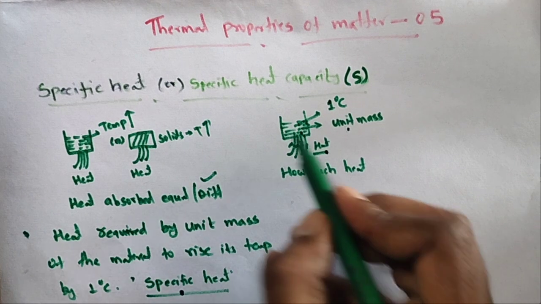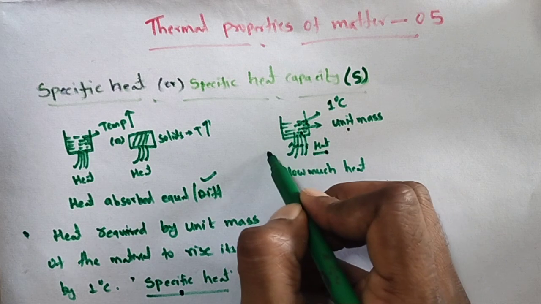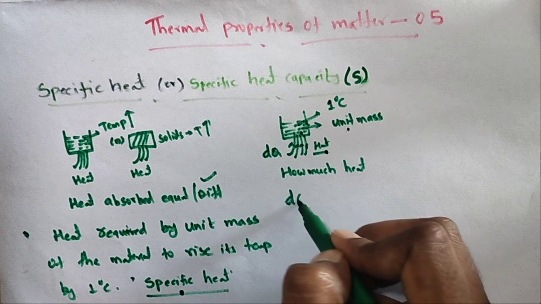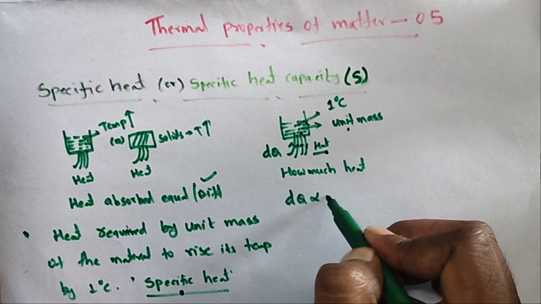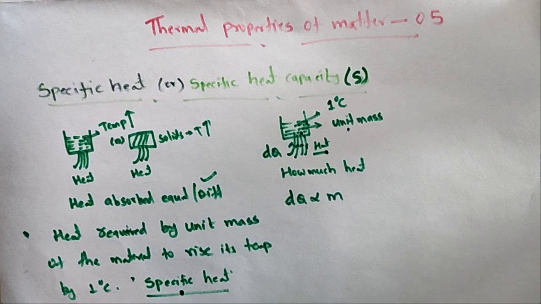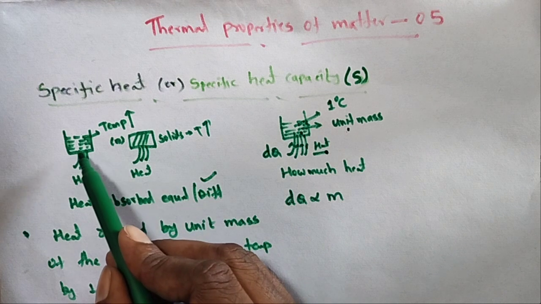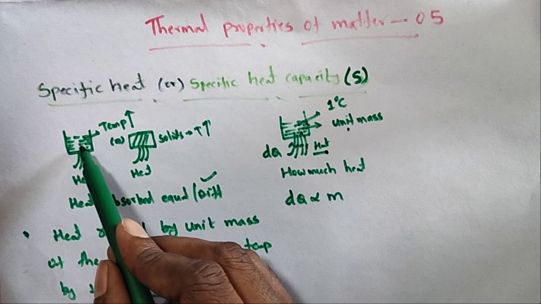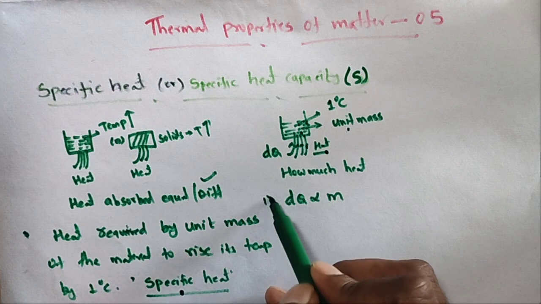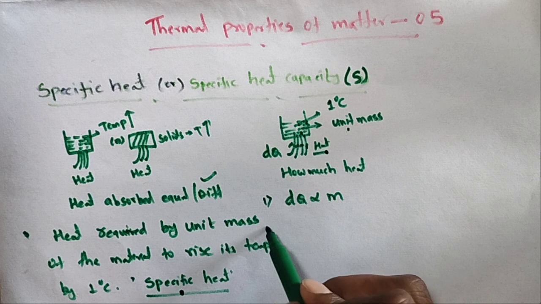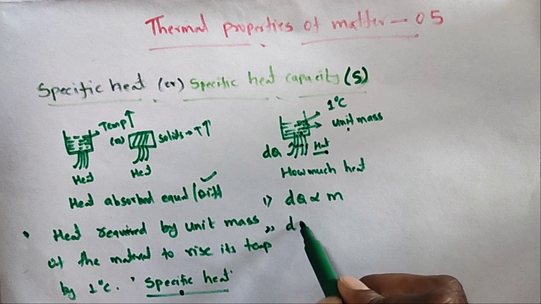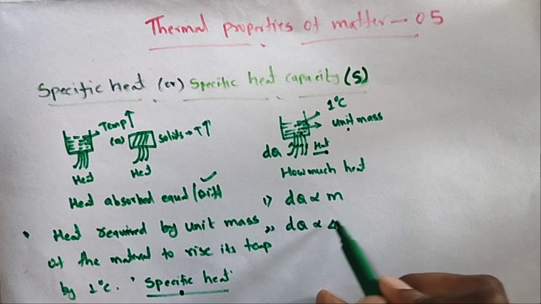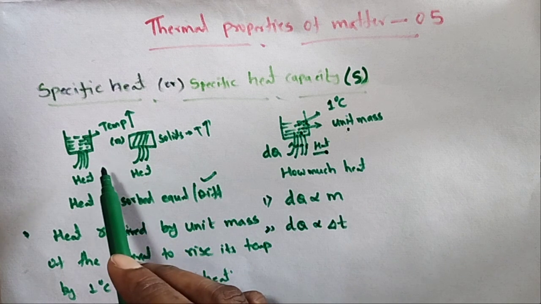How much heat I supply is dq, or delta q. dq is proportional to the mass of the body. The more the mass, the more heat is absorbed or given to the system. So the first one is dq proportional to m. The second is that the heat required is proportional to the rise in temperature, the change in temperature.